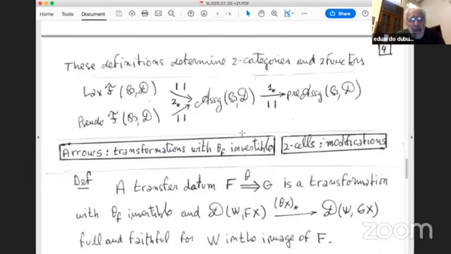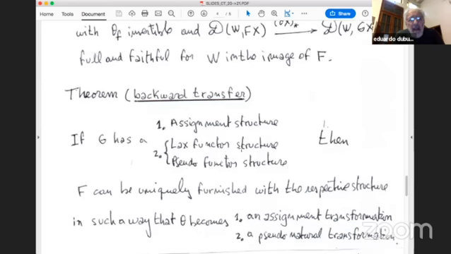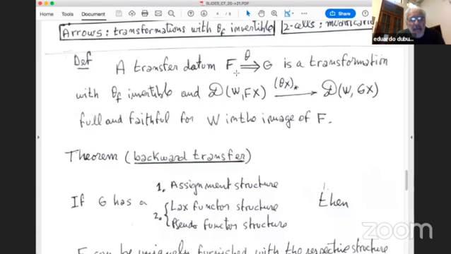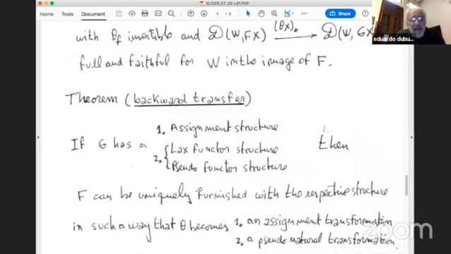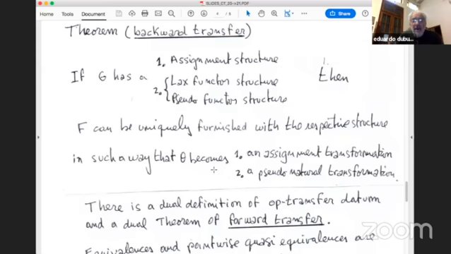Now, our theorem is the following. If we have a transfer datum from F to G, then if G has an assignment structure, or if G has a lax functor structure or pseudo functor structure, then F can be uniquely furnished with the respective structure in such a way that theta becomes a good morphism, a good transformation.